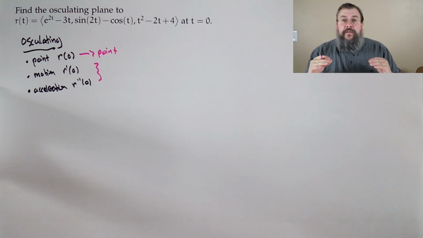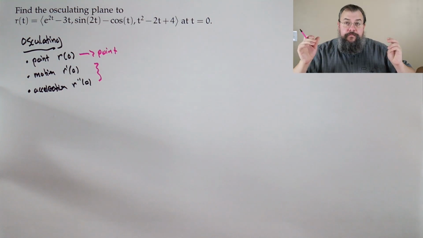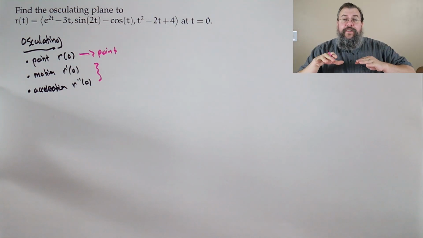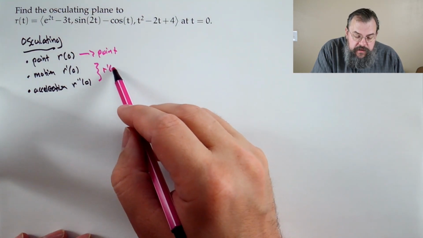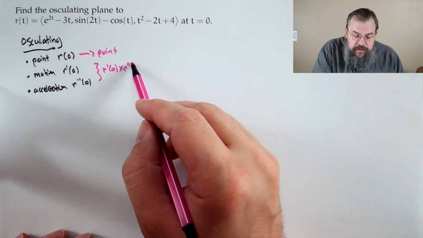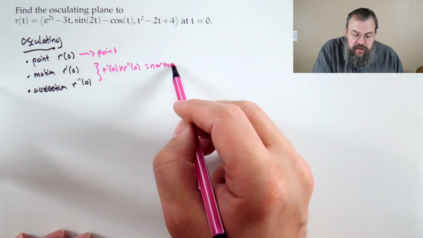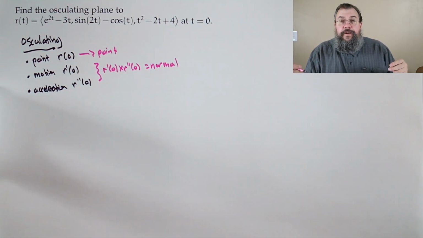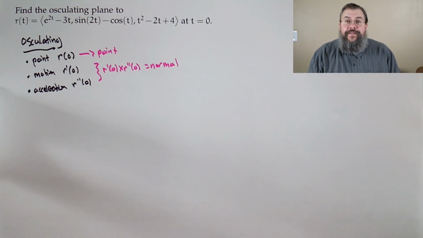So there are two vectors that we want to be in the plane, because the osculating plane should contain them. So we do what we always do if we have two vectors in the plane. We cross them, and this is our normal to the plane. We have our point. Life is good, and we can write down our answer.